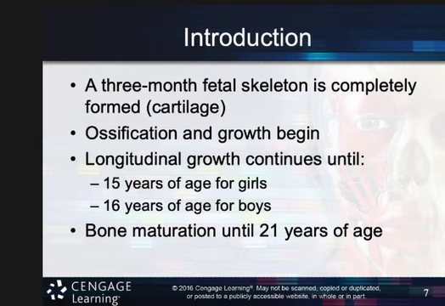Okay, so bone density generally peaks at the end of puberty, okay, and longitudinal bone growth stops at the end of puberty, and then bone density begins to decline slowly from middle age until death. Okay, so when we talk about ossification, we're talking about two processes. Let's take a look at those now.